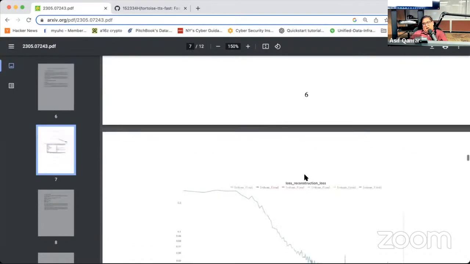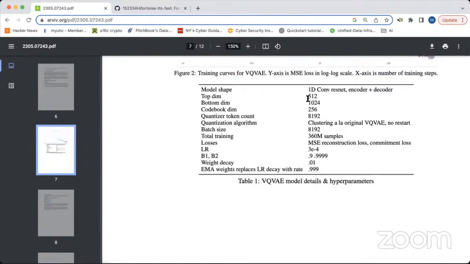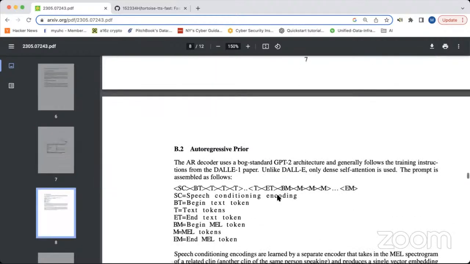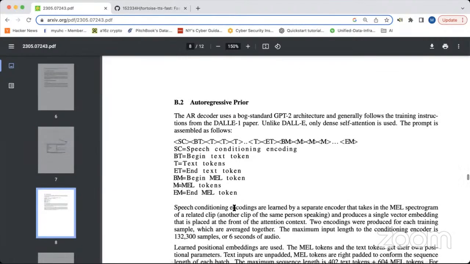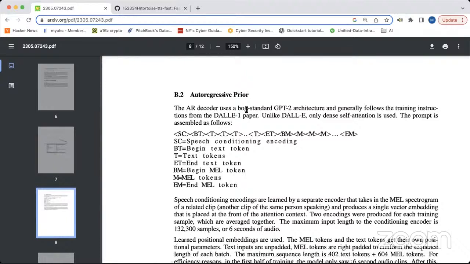Nice. So he gives some details as to the model shape and the dimensions, batch sizes that he used, right? Similarly for the autoregressive, this was interesting. So the AR decoder uses a bog standard GPT architecture and generally follows the training instructions from the DALL-E paper. Unlike DALL-E, only dense self-attention is used. The prompt is assembled as follows.